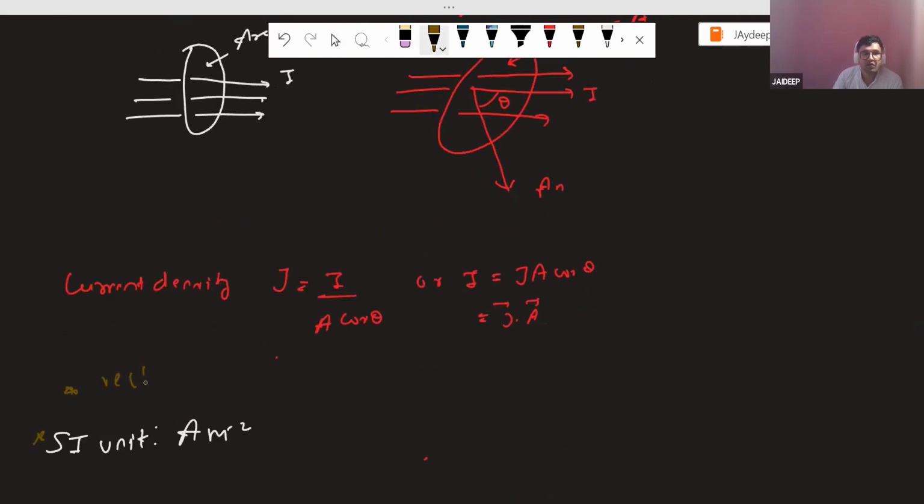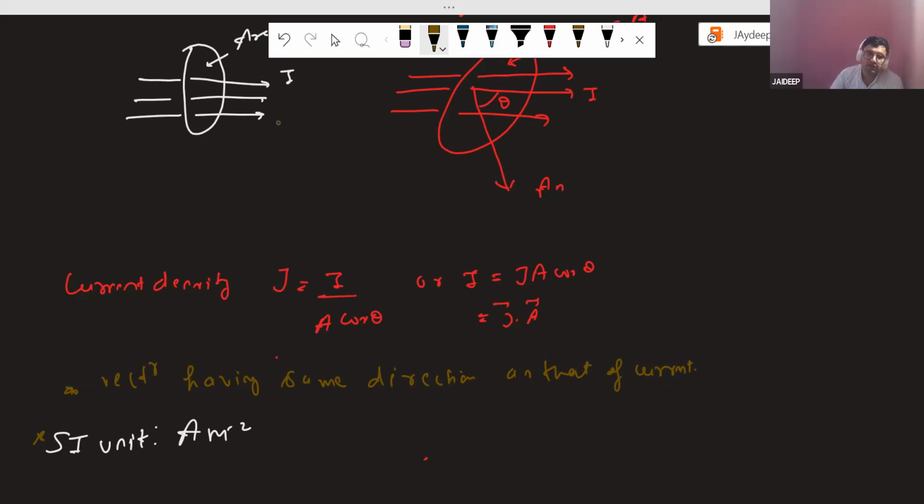It is a vector quantity, having the same direction as that of current.